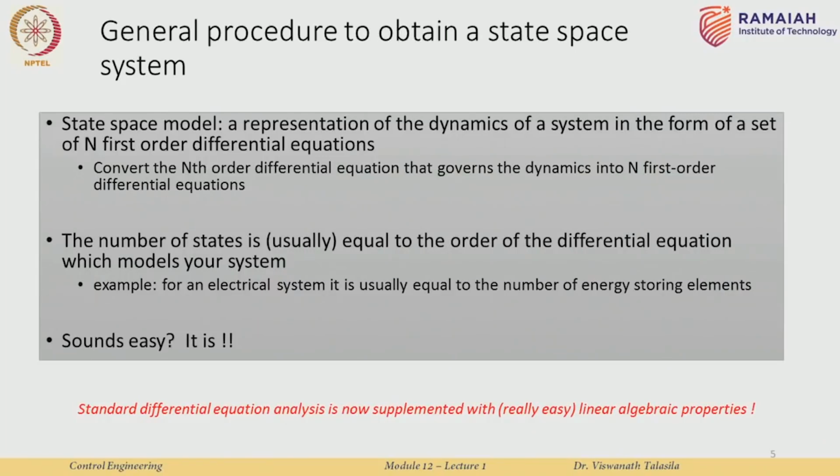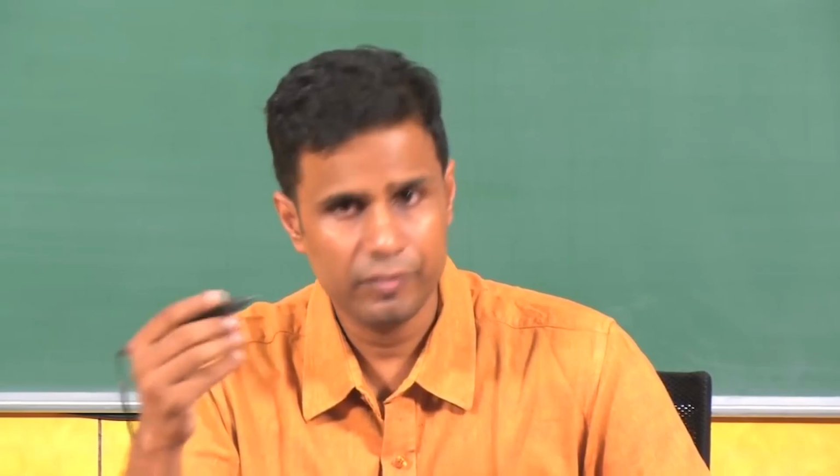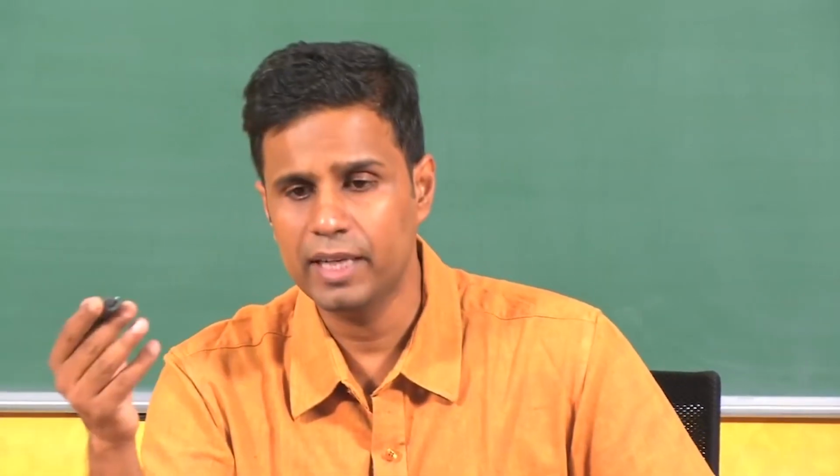The basic idea is that, as we have seen in the transfer function approach, whenever you are given a physical system, we write down the differential equations which govern the dynamics. For a simple mass spring damper, we have second order dynamics. For the RLC circuit, we have second order dynamics, and so on.